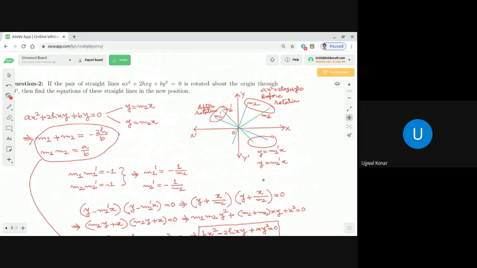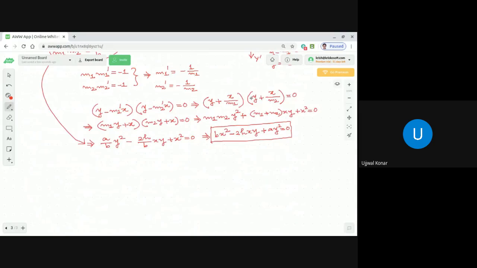So in summary, our given equation of the pair of straight lines was ax square plus 2hxy plus by square.